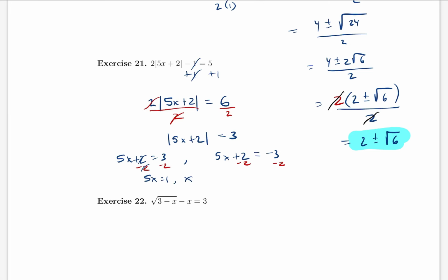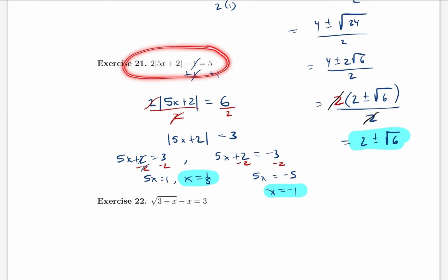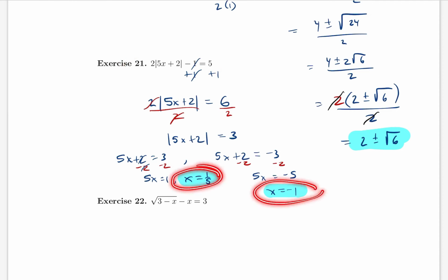So this is going to be x equals 1/5, and then this one's going to be x equals -1. So there are two solutions to this equation, which in most cases, when you have an absolute value equation, you should end up with two solutions.